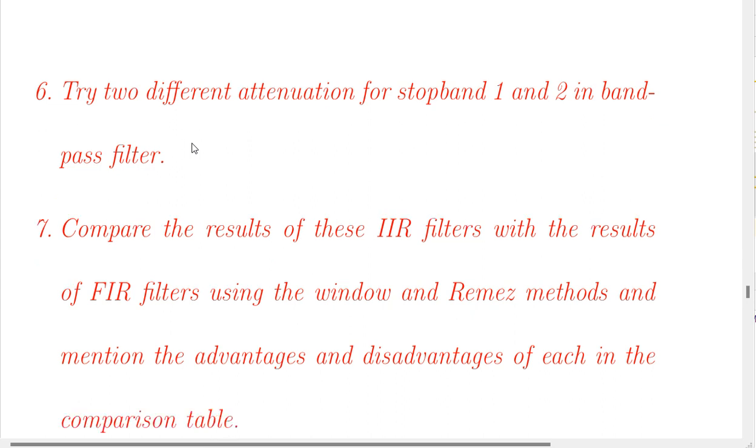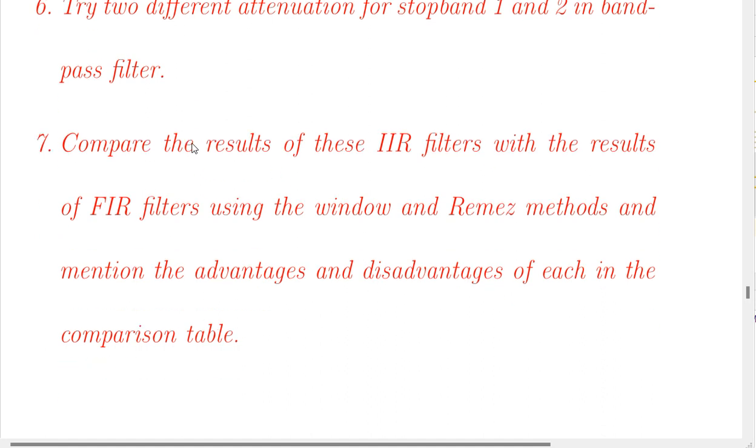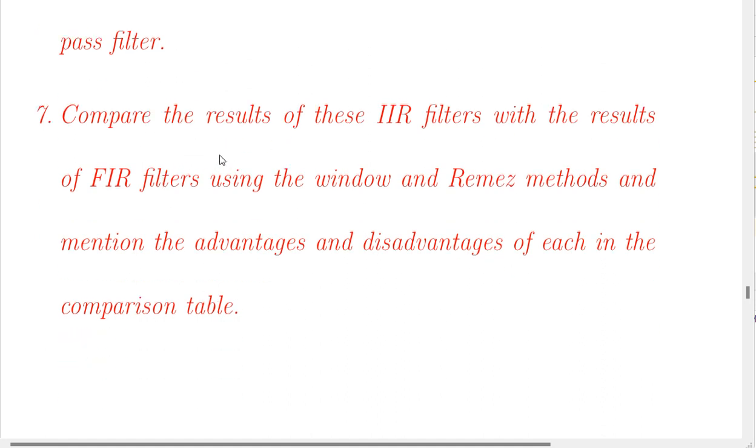Take different attenuations. Anyhow, if you want to learn, there are plenty of materials and stuff for you. Compare the results of these IIR filters with the results of FIR filters using the window and remez methods and mention the advantages and disadvantages of each in the comparison tables.